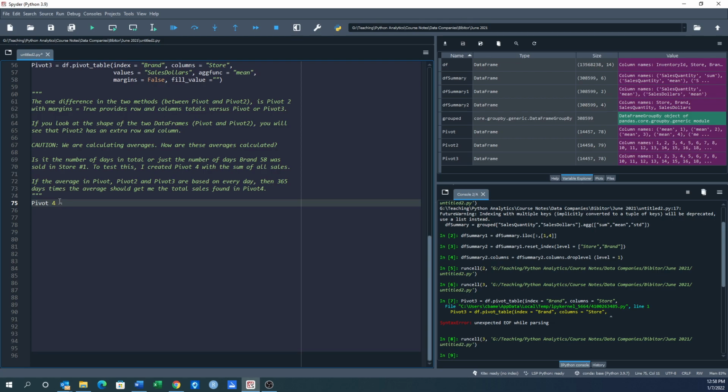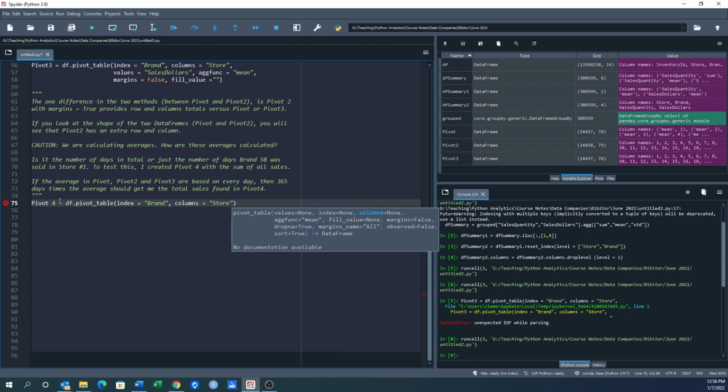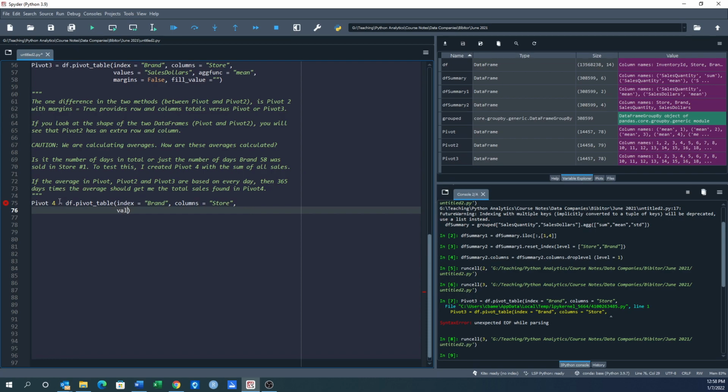We'll go back to the original data. So it's df pivot table, and we want the index equal brand, the columns to equal store, and the values, on a separate line, to equal sales dollar.